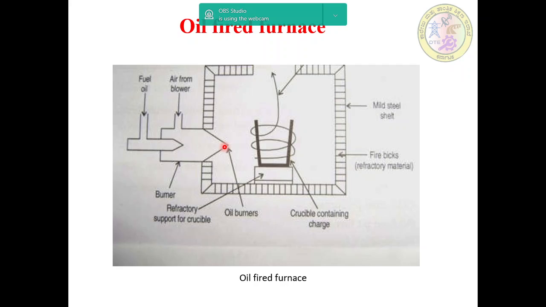The oil from the burner is ignited and the desired flame is controlled by the valves. After the metal melts and attains the desired superheat, the crucible is taken out and the molten metal is treated and poured. This is the simple basic principle of the oil-fired furnace.